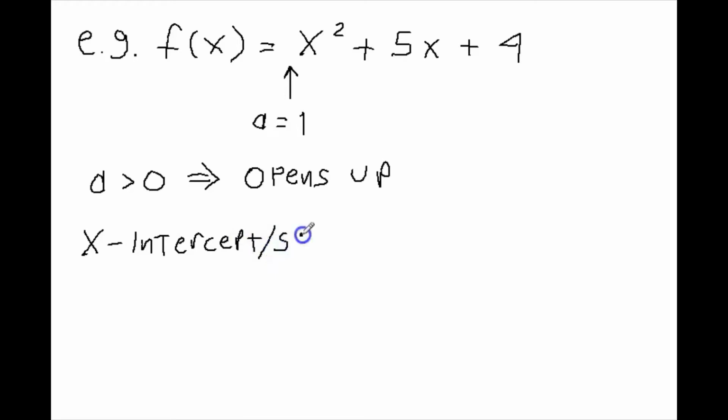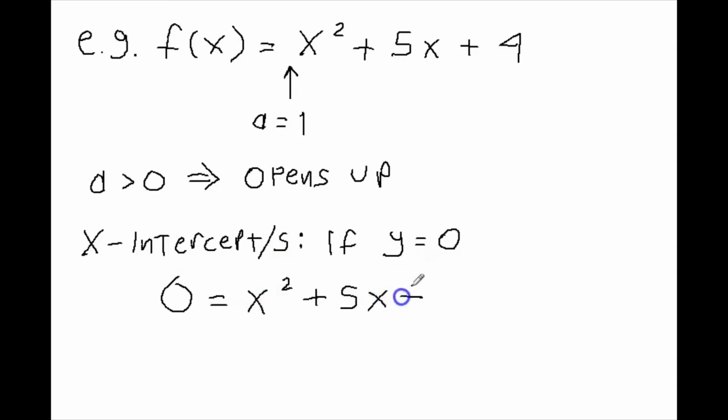The x-intercepts are where it crosses the x-axis. That would be where y is 0. So f of x, that's y. So I'd have 0 is equal to x squared plus 5x plus 4. I could use the quadratic formula to solve this, or of course I could just factor it.